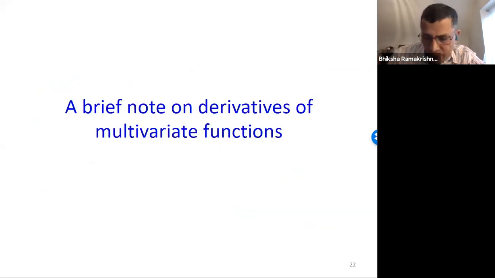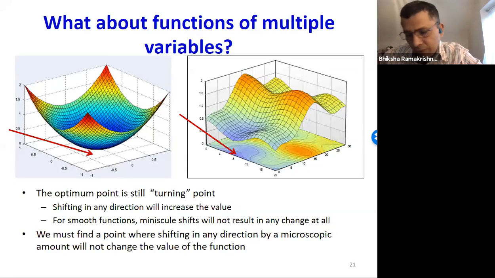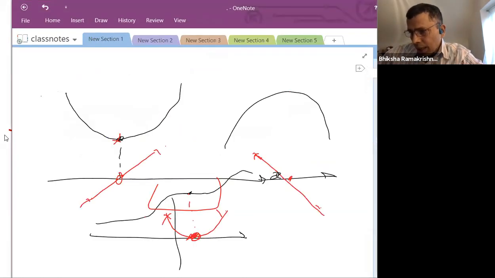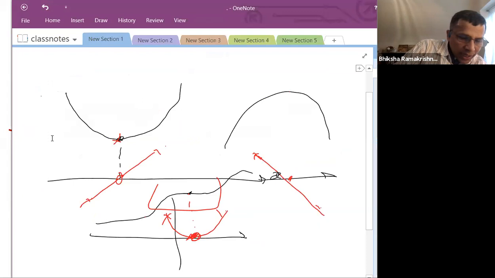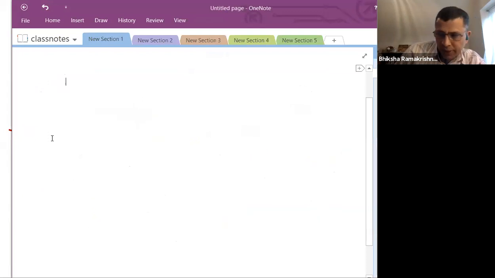Now, there's a brief note on the derivatives of multivariate functions. Maybe you already know the answer to this. We've seen how we define the derivative of a multivariate function.